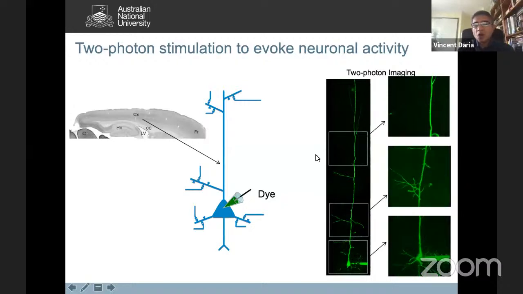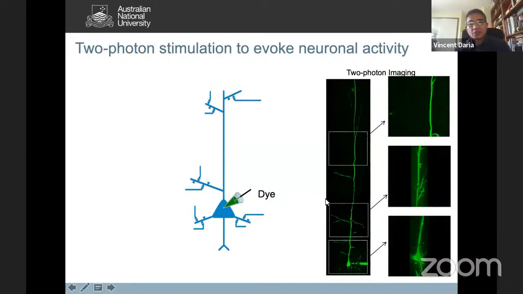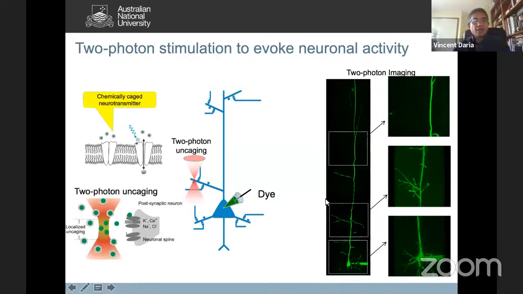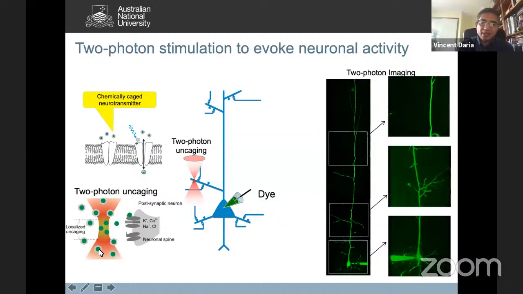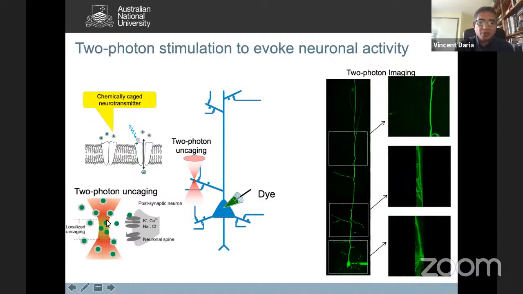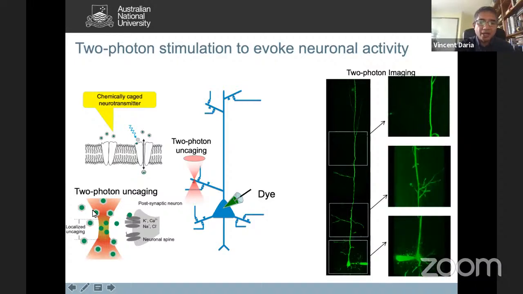Once we know that, we can use light. Again, I mentioned we use photolysis. These are chemically caged neurotransmitters, and we use what we call 2-photon uncaging. I won't be explaining the 2-photon process, but the idea is that if we use a highly focused laser, the absorption of 2 photons by this molecule allows the neurotransmitter to get released.